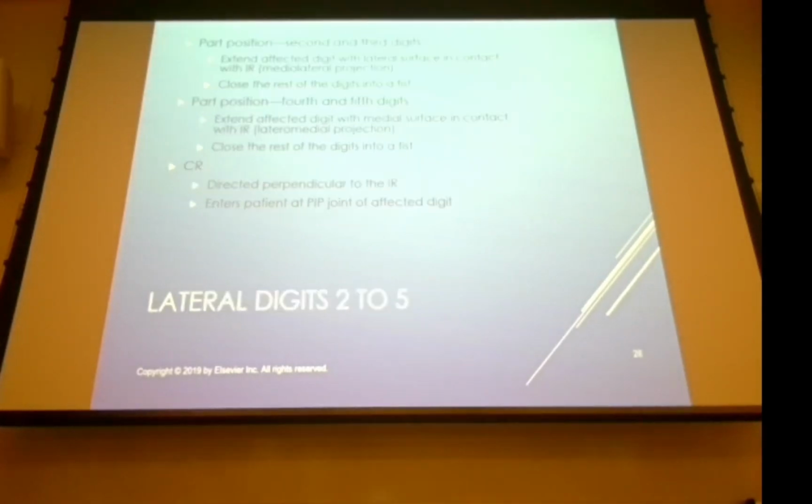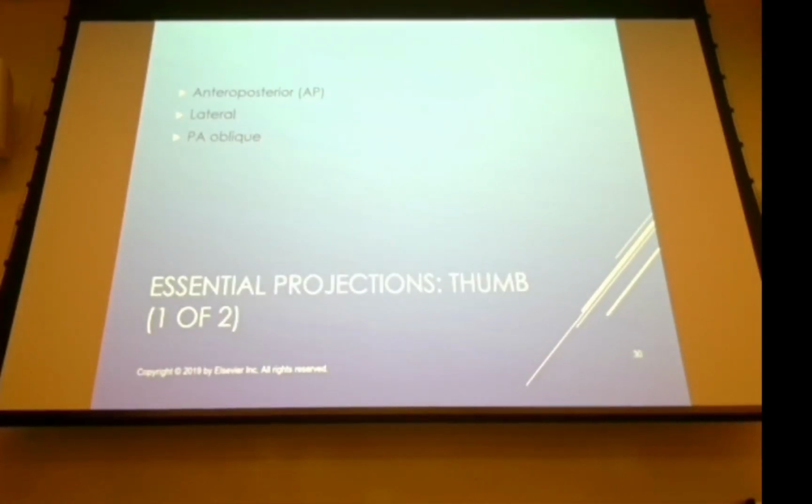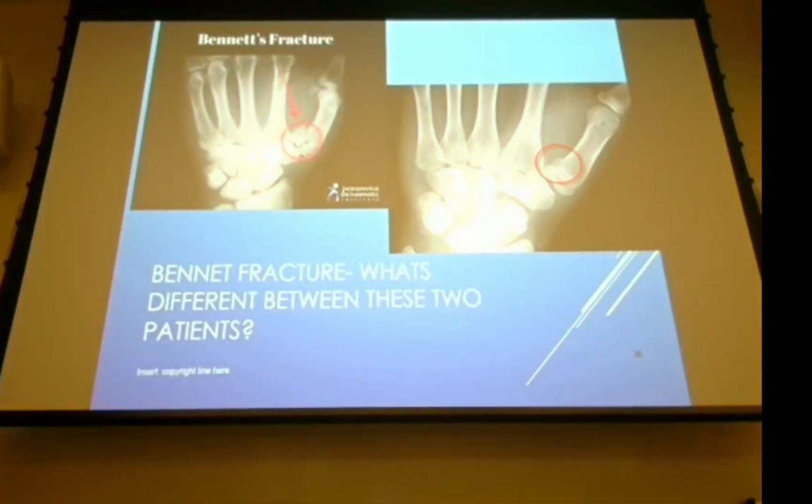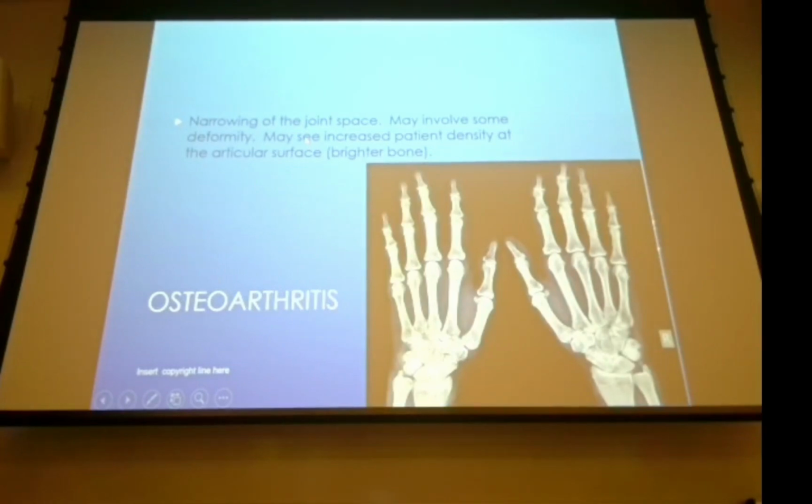So any questions on fingers or hands or thumbs? Okay, so there's your Bennett fracture I was talking about before. It's a Bennett fracture. So other things that you see in the hands, you got osteoarthritis.